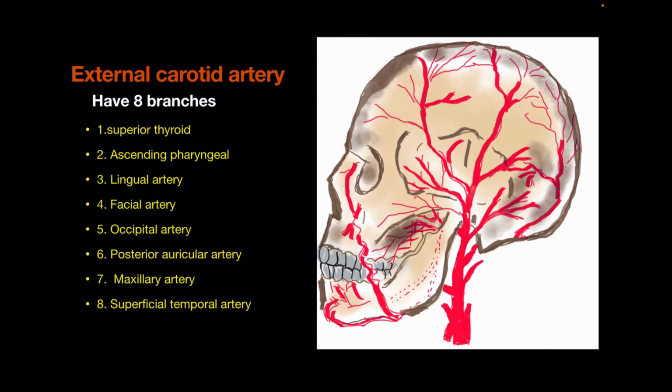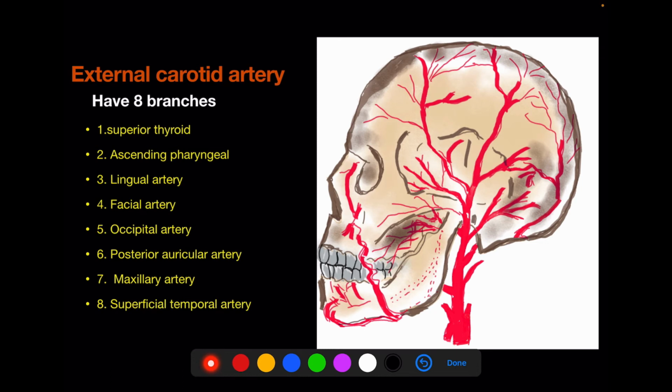Here you can see we have 8 branches. First one is what? Superior thyroid artery. It is located where? I have to use green color. This one is your superior thyroid artery.